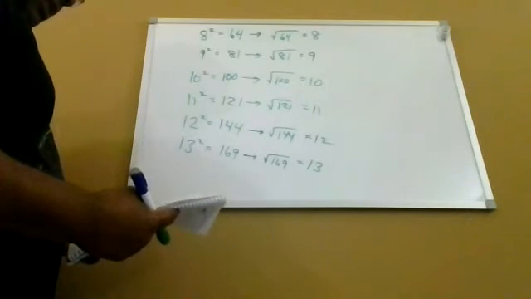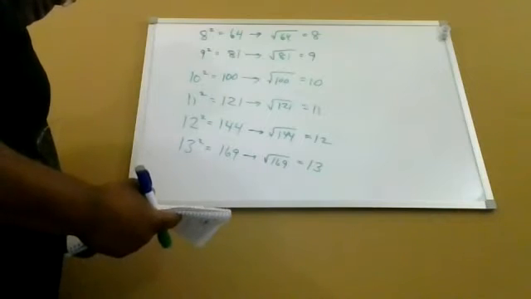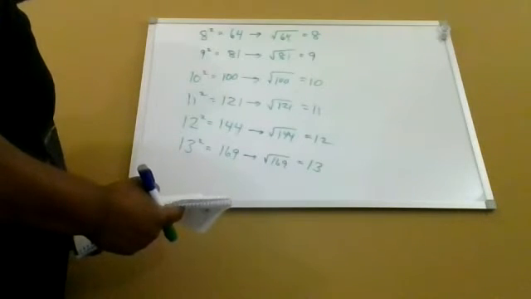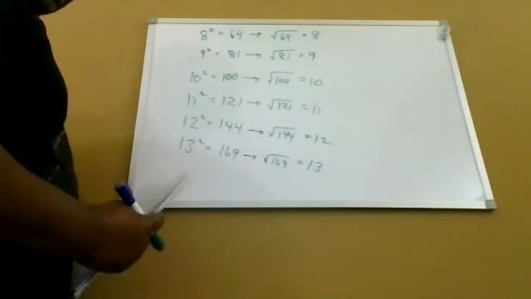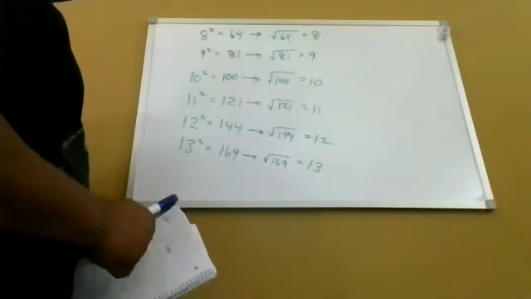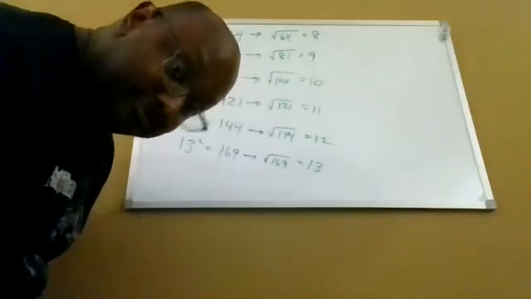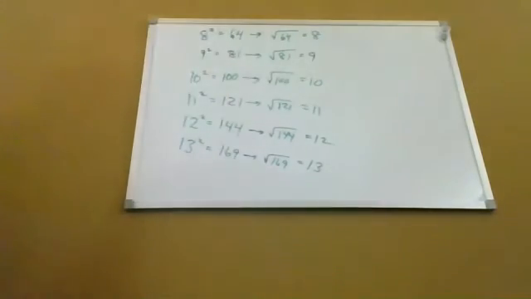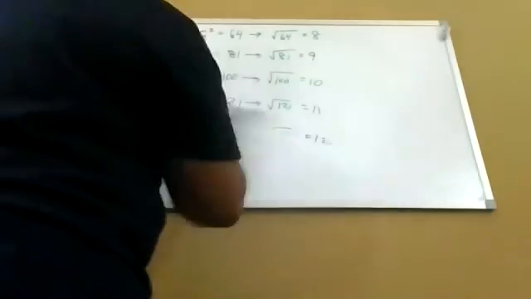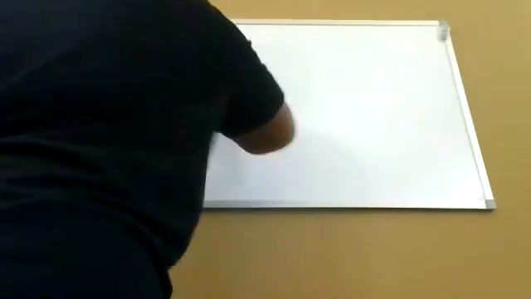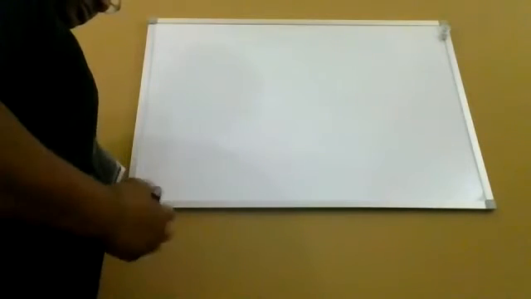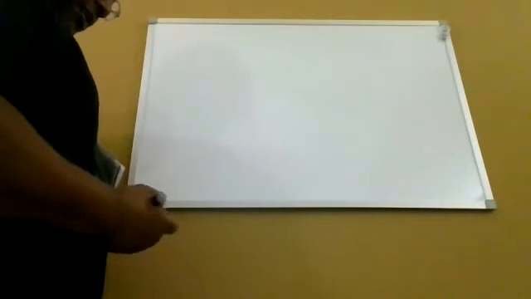Okay, so with that said, we're going to move now to Pythagorean theorem. It sounds worse than what it actually is. Okay? All right. Well, Pythagorean theorem starts out with a triangle.